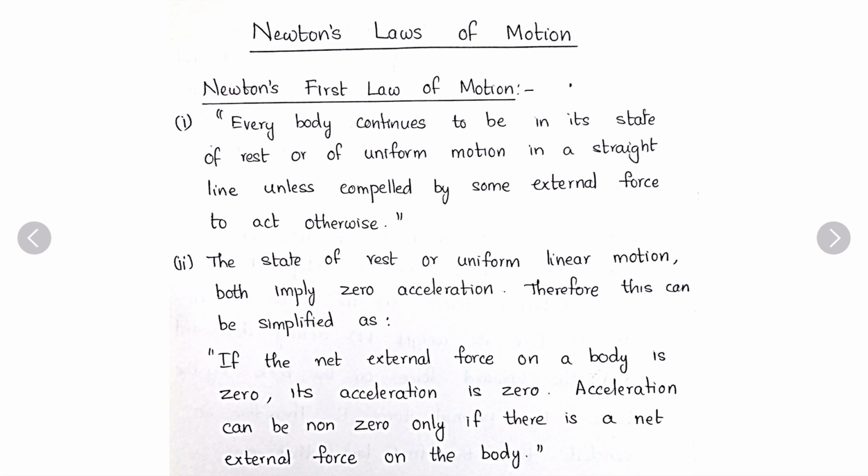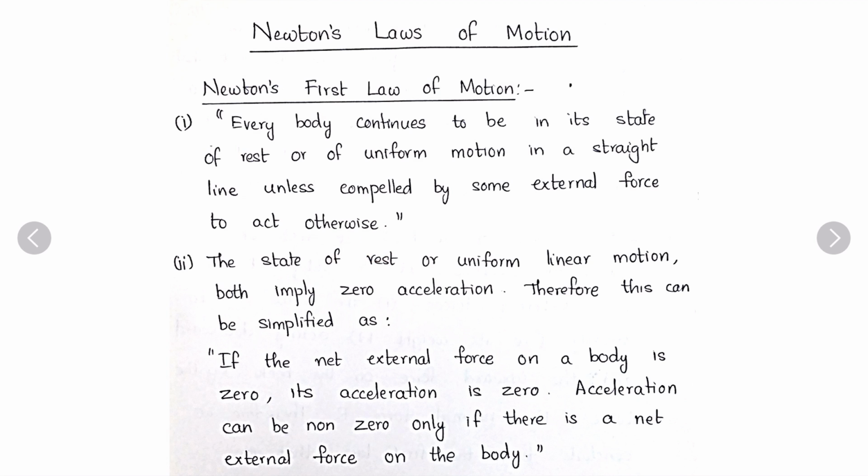Now let us take Newton's first law. Newton's first law of motion says that every body continues to be in its state of rest or of uniform motion in a straight line unless compelled by some external force to act otherwise.